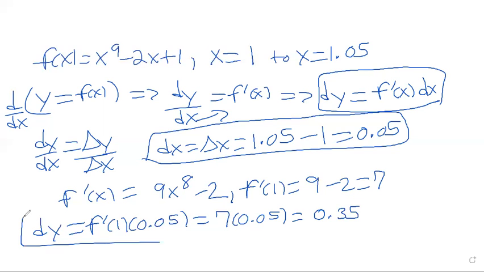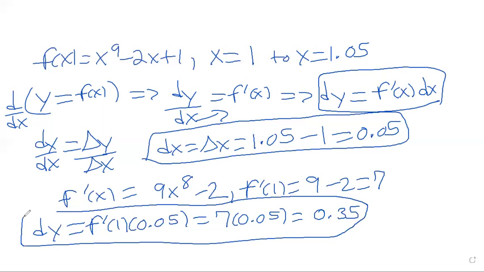So that is the change in the function from when x is equal to 1 to x equals 1.05. It's literally just 0.35. That'll basically do it for this.